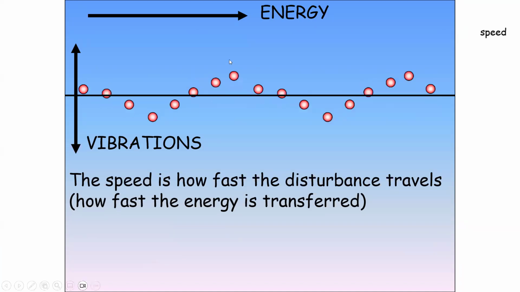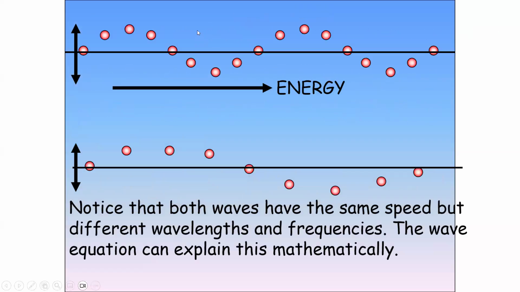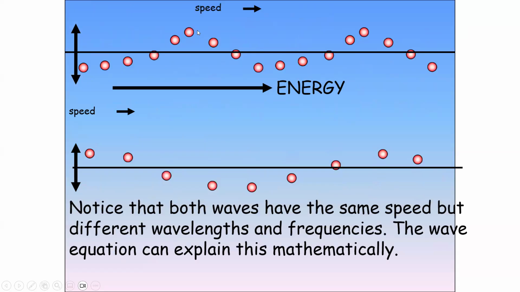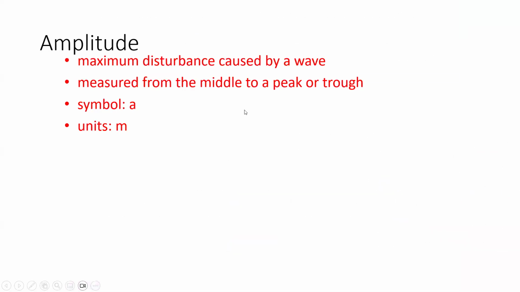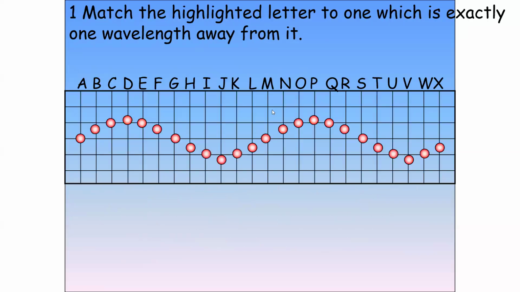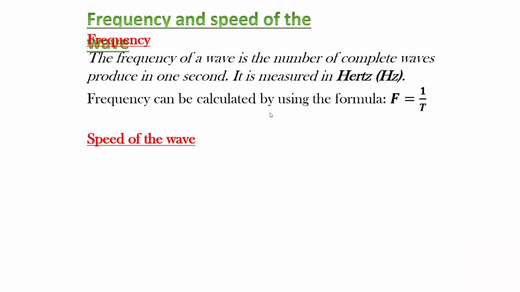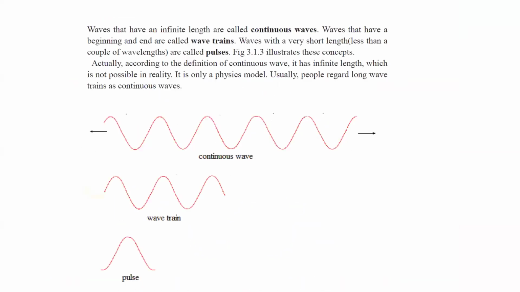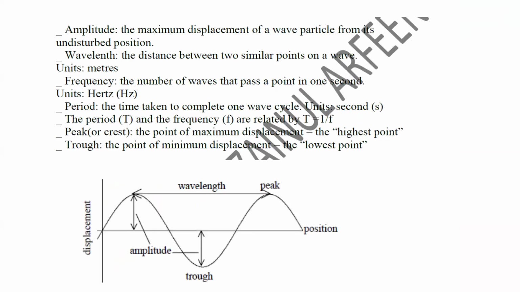Here again the direction of the particles and the direction of the wave are at 90 degrees, so that's also transverse. And when we talk about the longitudinal wave, in a longitudinal, the vibration is parallel.